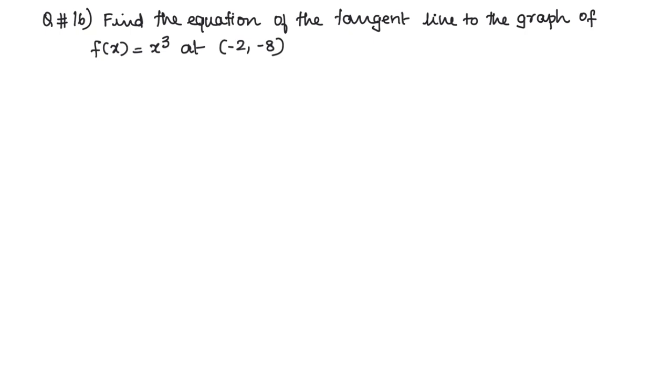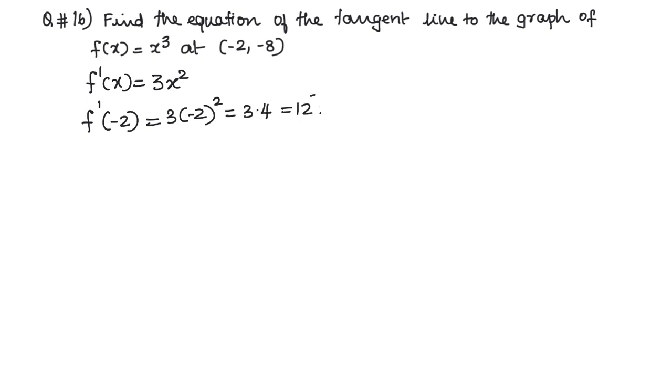So first take the derivative and find the slope at -2. So this is actually the slope at x equal -2. Slope is 12.